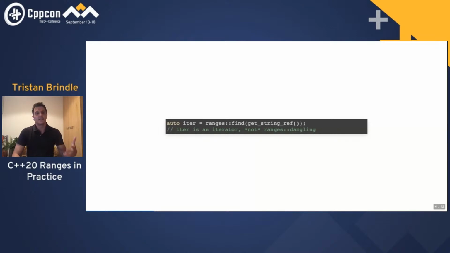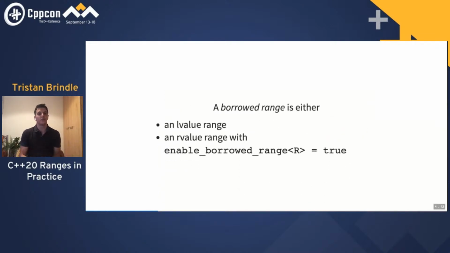So these kinds of types, as we just saw, are called borrowed ranges in the ranges world. A type whose iterators can safely outlive the thing that you call begin on is called a borrowed range. So there are two kinds of borrowed ranges, either L-values. Again, if we pass an L-value vector into find, that's absolutely fine. We're going to get an iterator out.